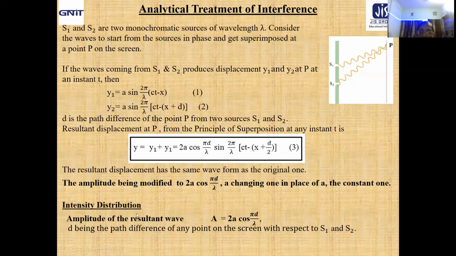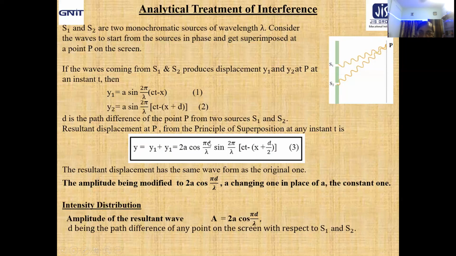But what about the amplitude part? Take a look, very important. The amplitude of the resultant wave is 2a cos pi d by lambda, which is a changing one, because this d, the path difference of the point P with respect to S1 and S2, may vary, because this point P can be taken here, here, here, anywhere.